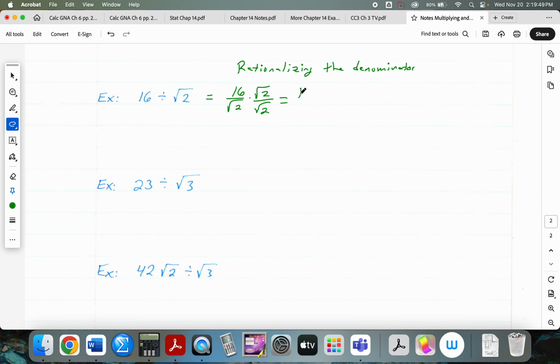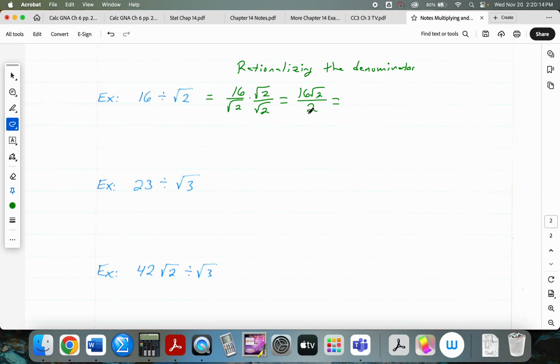16 times the square root of 2 is 16 square roots of 2. But on the bottom, what's the square root of 2 times the square root of 2? 2. Now I don't have a square root on the bottom anymore, and I've got two whole numbers. Does 16 divide by 2 equally?